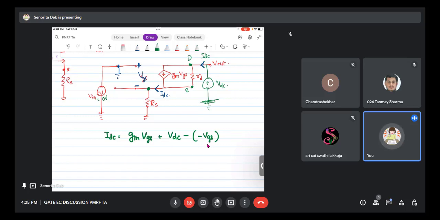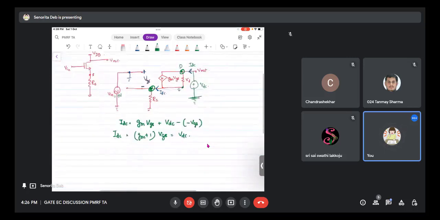Because this node is minus VGS, and this node is Vout, VDC, so I have applied KCL at node D. IDC equals GM VGS plus VDC minus of minus VGS. So your first equation is IDC equals GM times VGS plus VGS equals VDC.